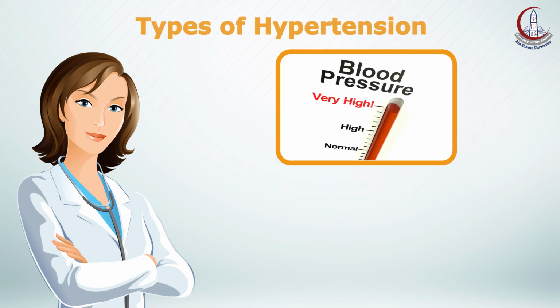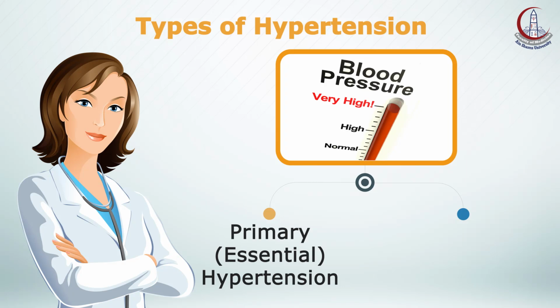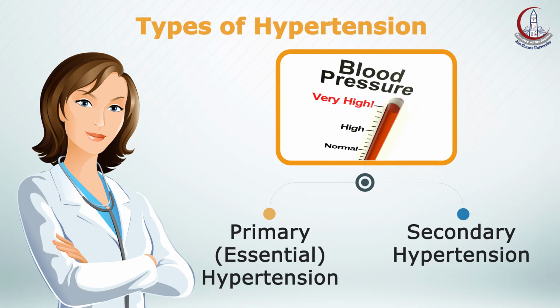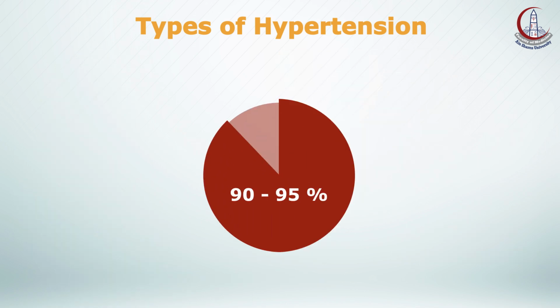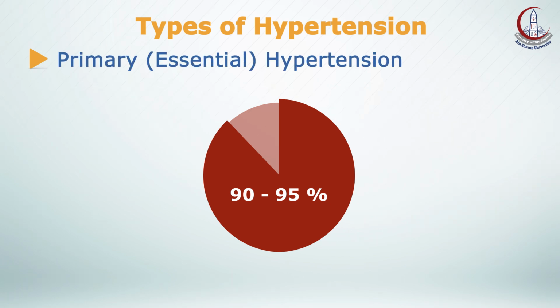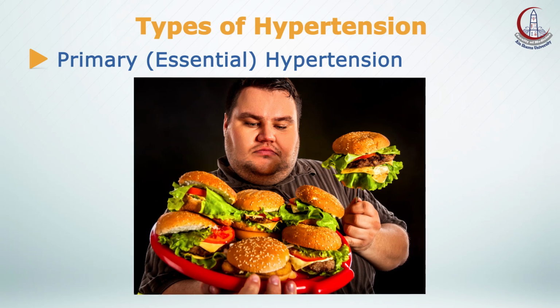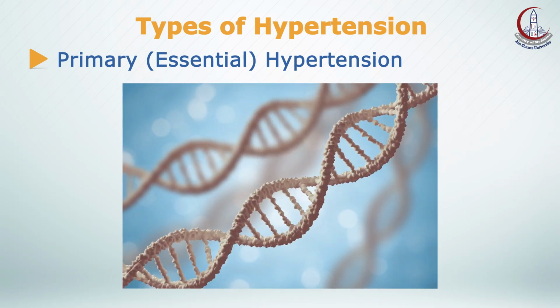High blood pressure is classified as either primary or essential hypertension or secondary hypertension. In terms of statistics, above 90 to 95% of cases are primary, defined as high blood pressure due to non-specific lifestyle and genetic factors.